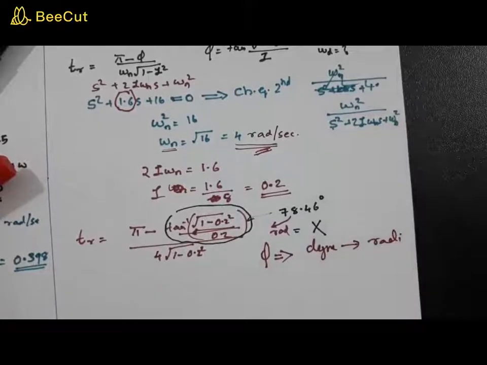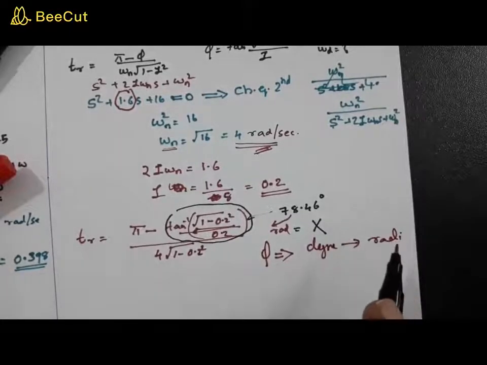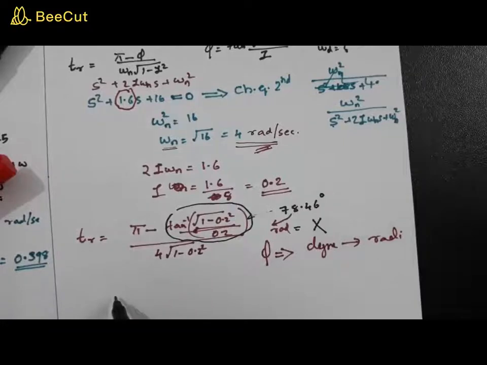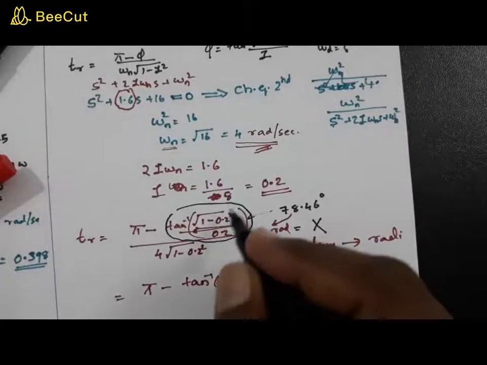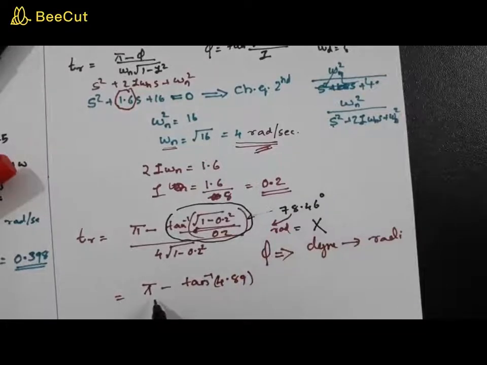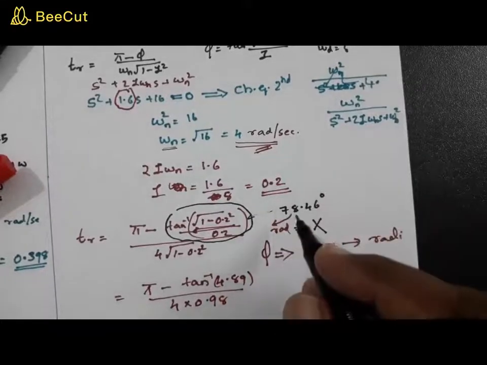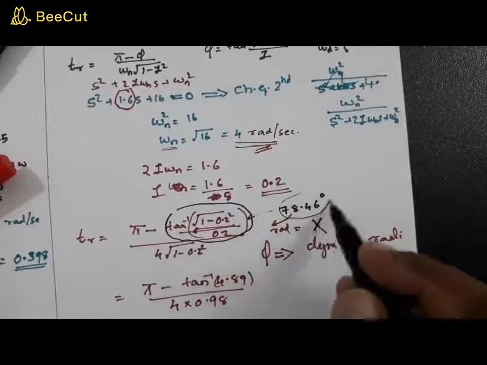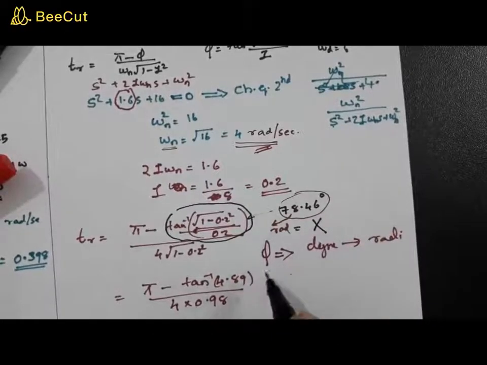Okay, now converting that to radians, your answer is going to be pi minus tan inverse of 4.89 divided by 4 into 0.98. Now when you take the value of this, it is going to be 78.46. You need to find the value of this in radians and then substitute.